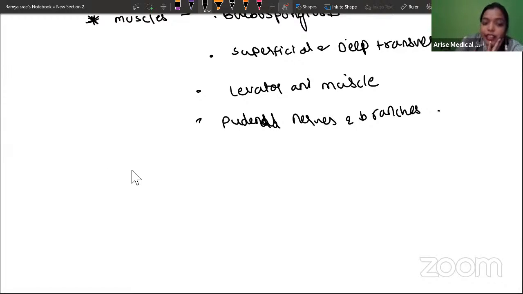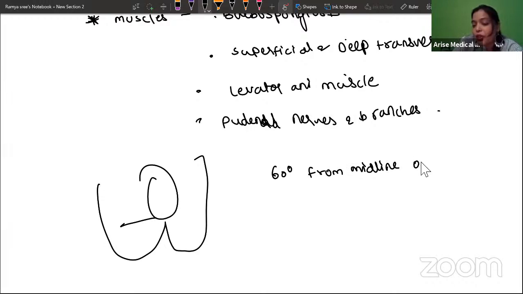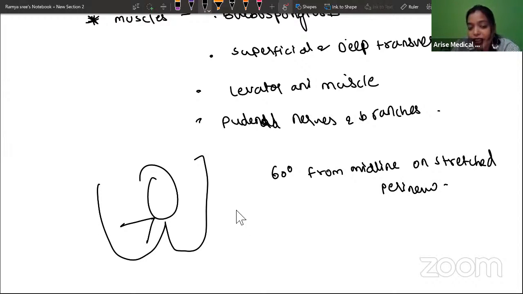The next thing is that mediolateral episiotomy is preferred. A mediolateral episiotomy makes an angle of 60 degrees from the midline on the stretched perineum, whereas it makes an angle of 45 degrees from the midline after delivery.